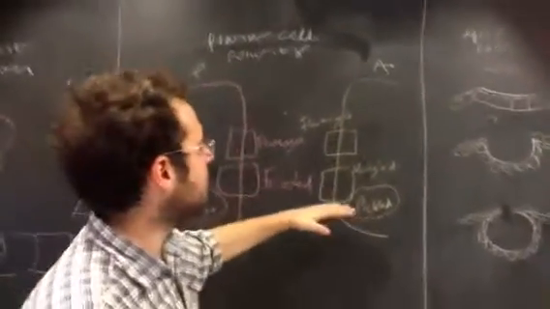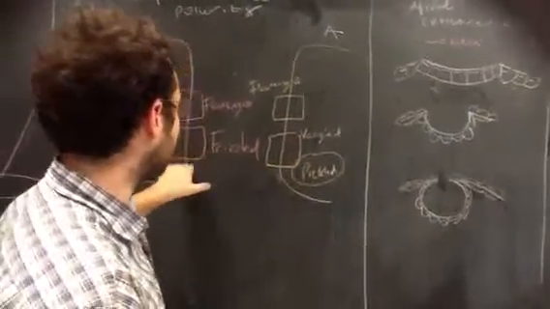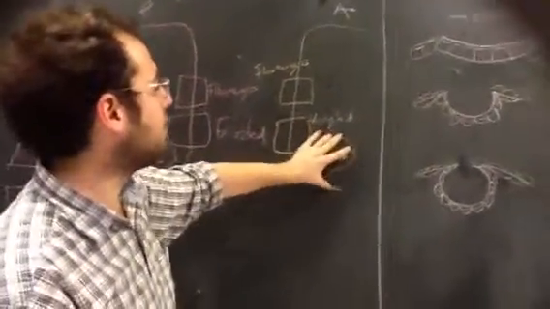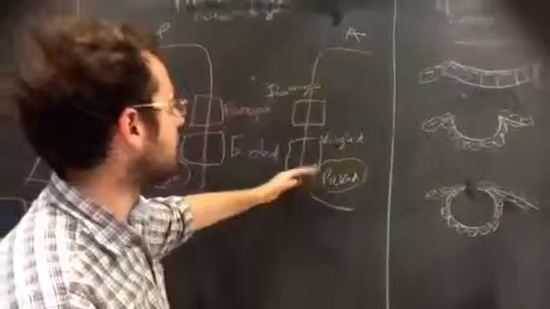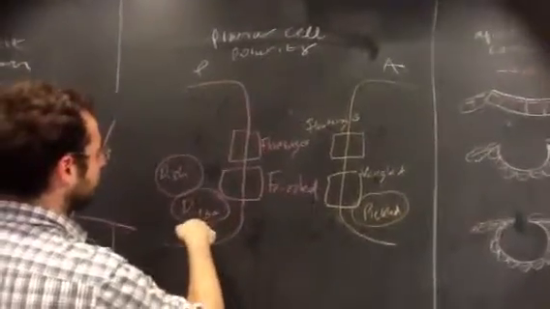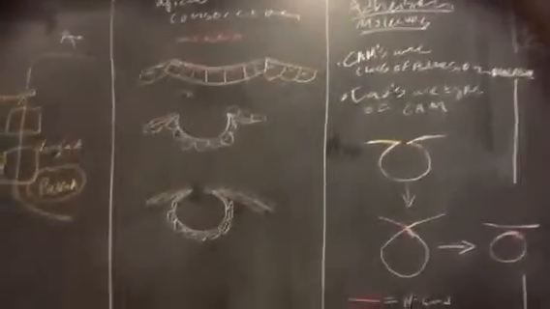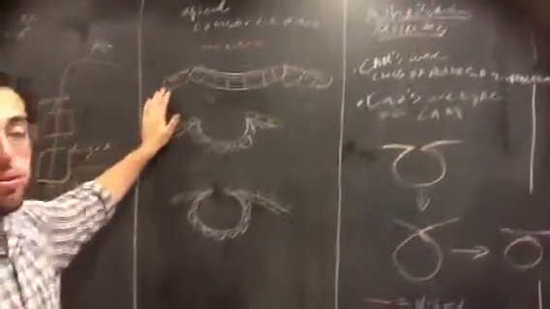And for the anterior side, there's Vangl, which binds to Frizzled, and inside the anterior side, Vangl binds to Prickle. And then Frizzled, which again binds to Vangl, binds to Diego and Dishevelled.